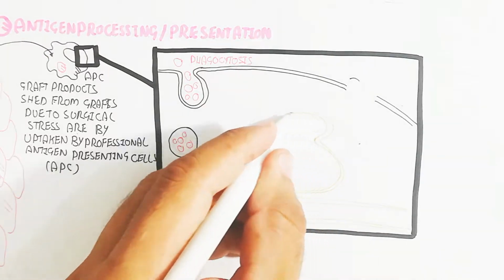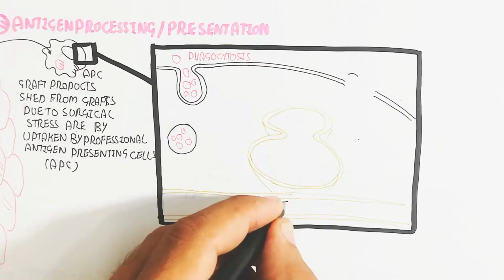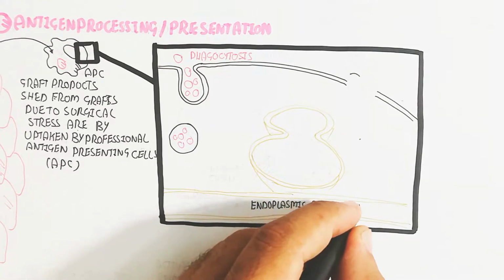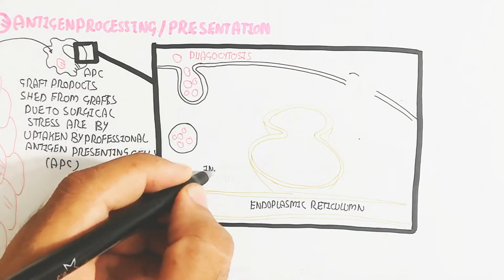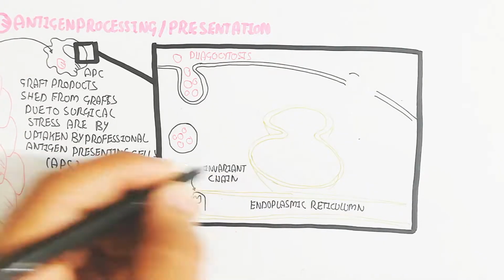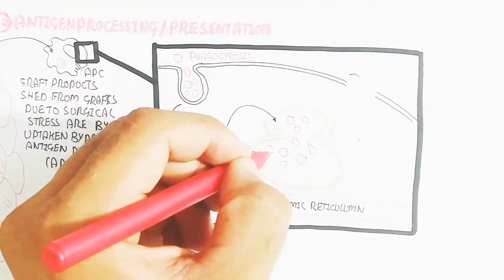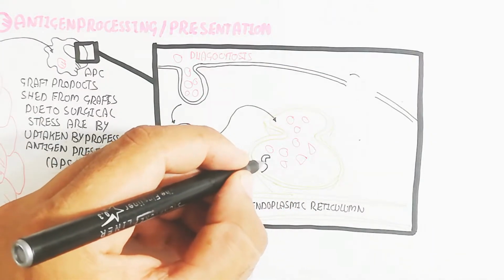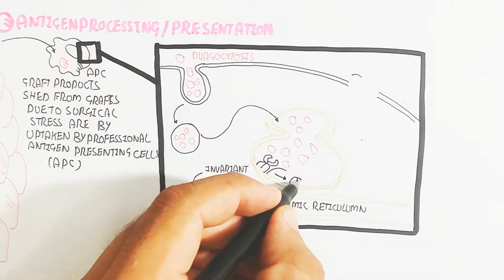This endosome is fused with the endoplasmic reticulum. After combining, the invariant chain, which contains the receptor, moves toward the endoplasmic reticulum, present there, and combines with the endosome.